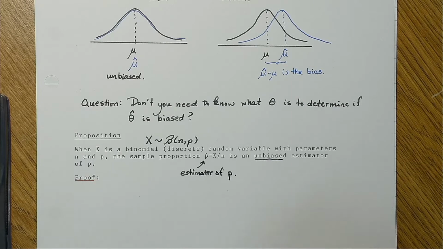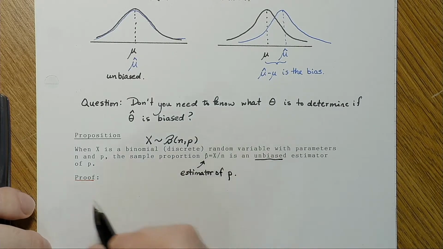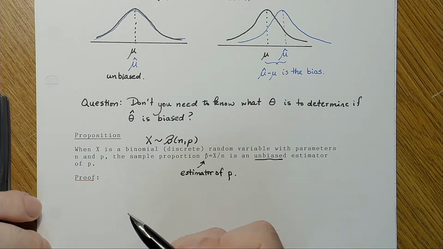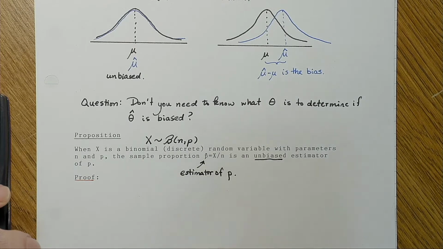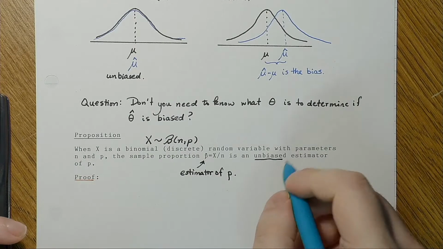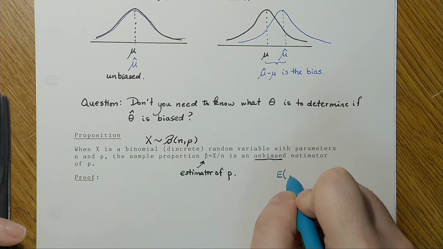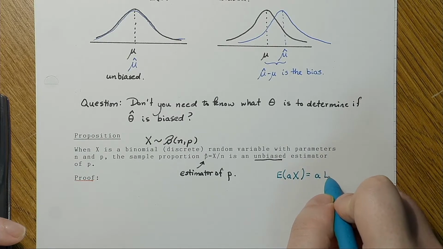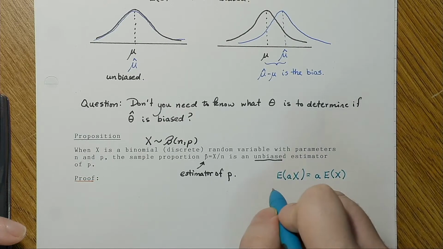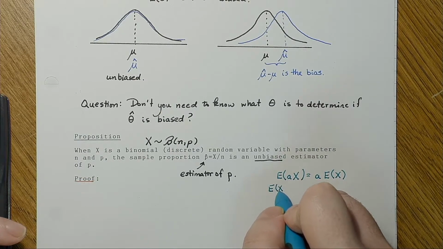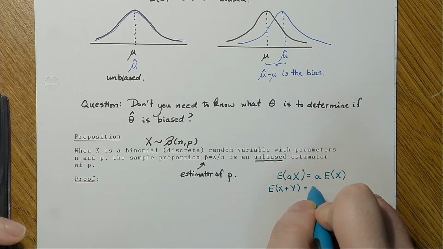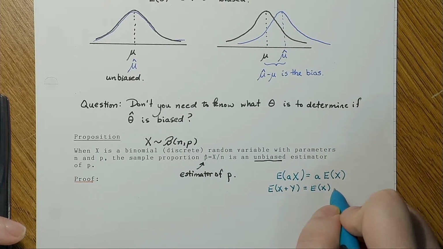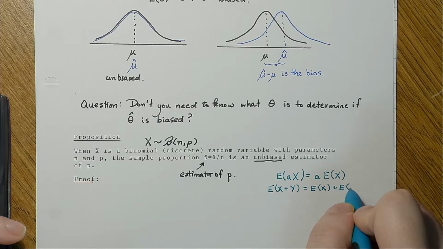So we can actually show this. Now it requires us to remember our properties of expected values. So if I have a constant times a random variable, it's equal to the constant times the expected value of x. If I have two random variables, say x and y, that is equal to the expected value of x plus the expected value of y.